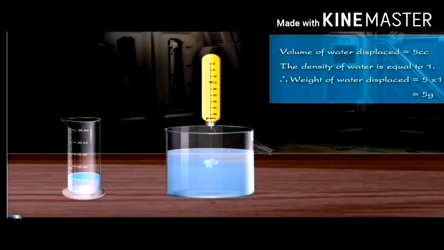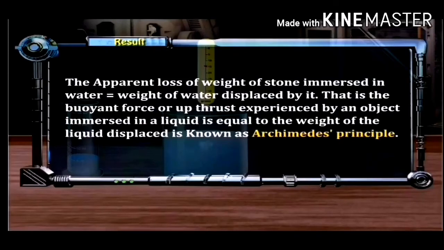So students, if you see this picture very carefully, you must observe the measuring jar. In the measuring jar, you will see that the volume of water is 5 ml, that is 5 gram. From this, you must understand that the weight of water in gram and the volume in milliliter are equal to each other. Clear, students?